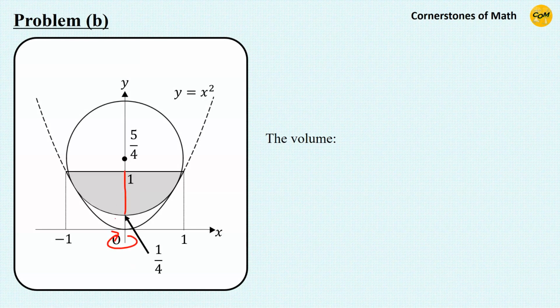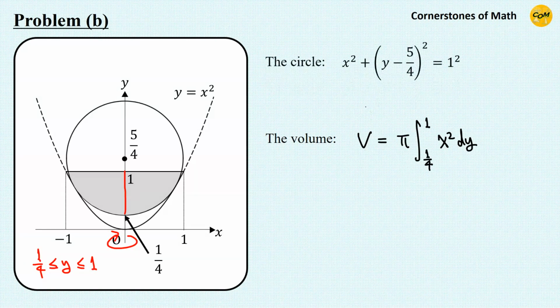Since the y-coordinate ranges from 1/4 to 1, volume V equals π times the integral of x² dy from 1/4 to 1. And from the equation of the circle, we have x² = 1 - (y - 5/4)².